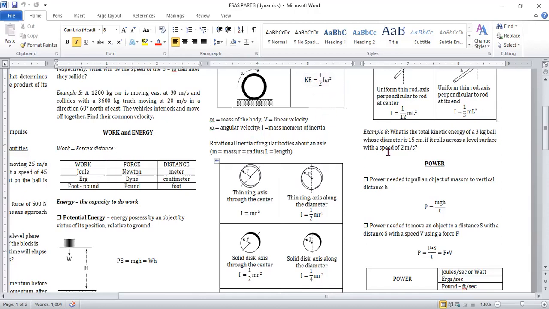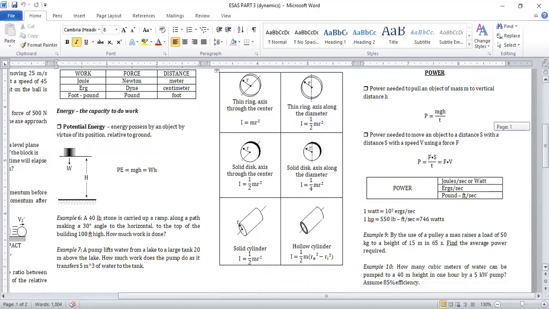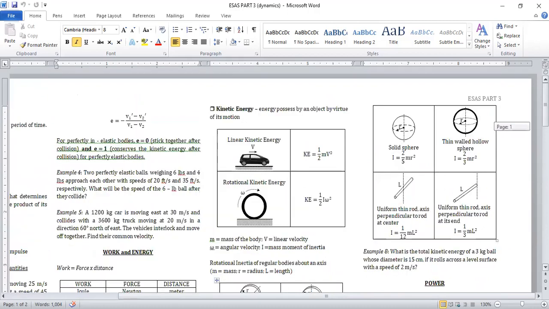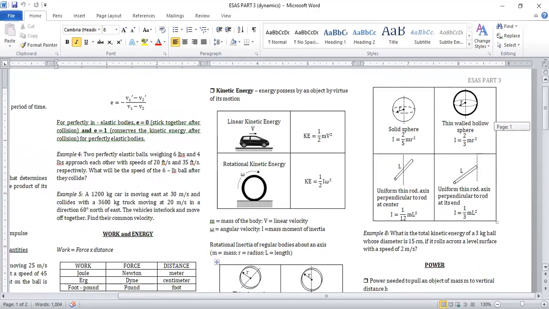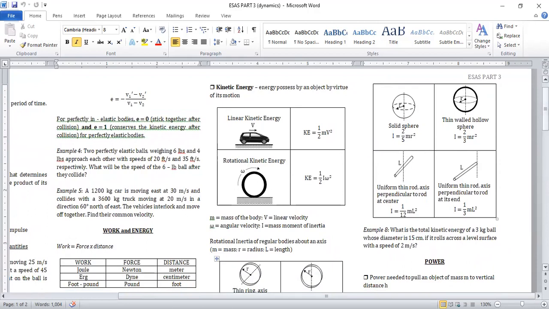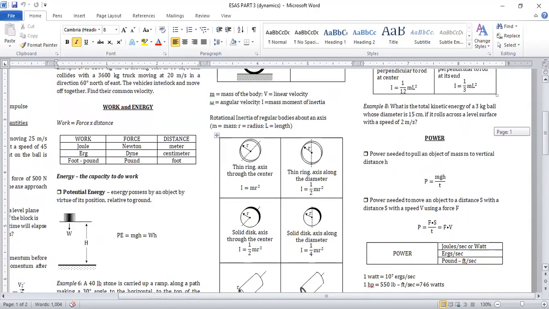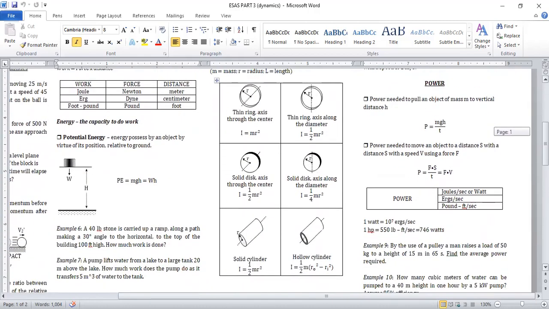We have this table for us to have a glimpse of the mass moment of inertia for these common regular bodies. From time to time, just go over this.